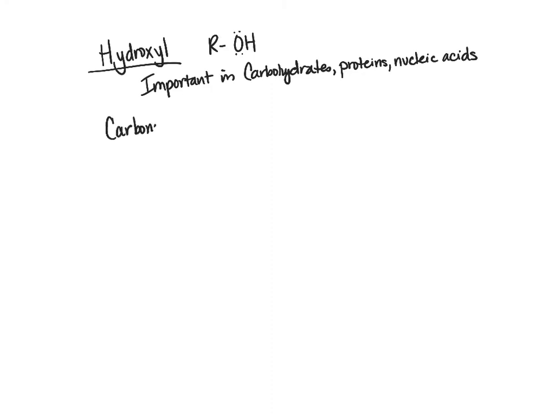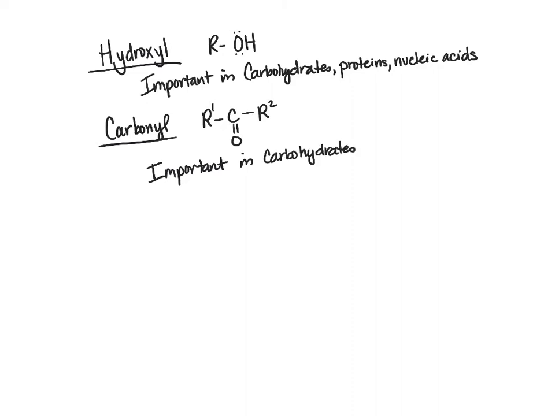Our carbonyl group, remember what our carbonyl group looked like. Carbon double bonded to an oxygen. So our carbonyl group is important in carbohydrates. Just as a note here, I'm going to start shortening my handwriting.